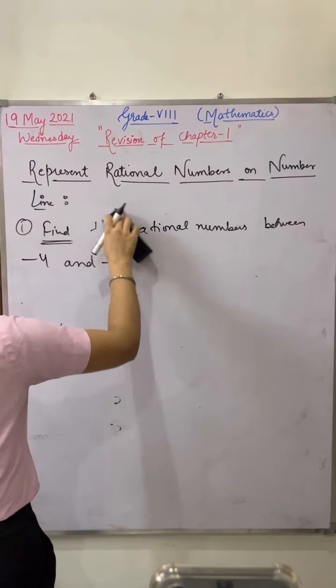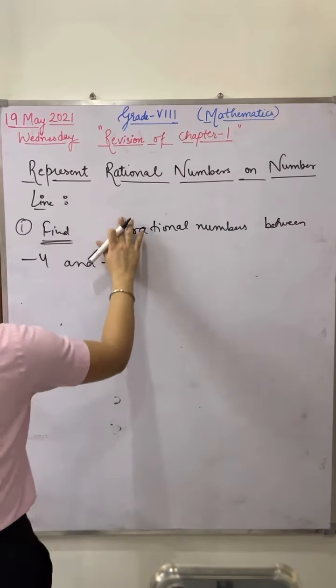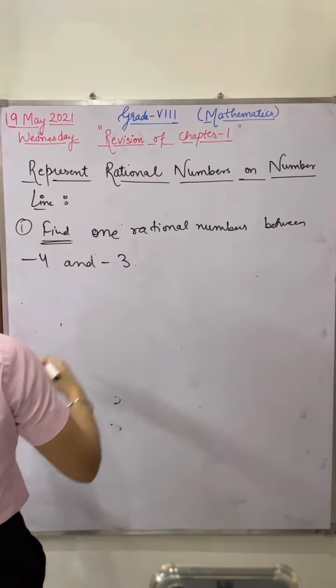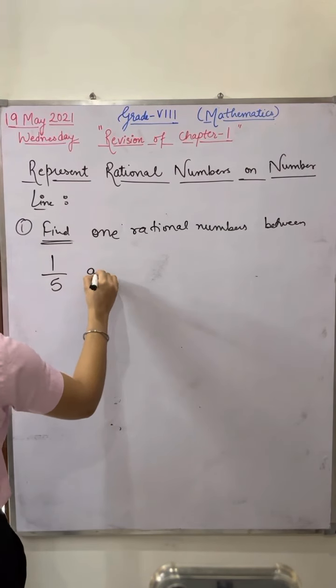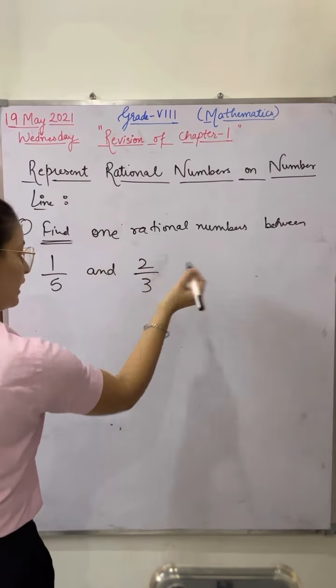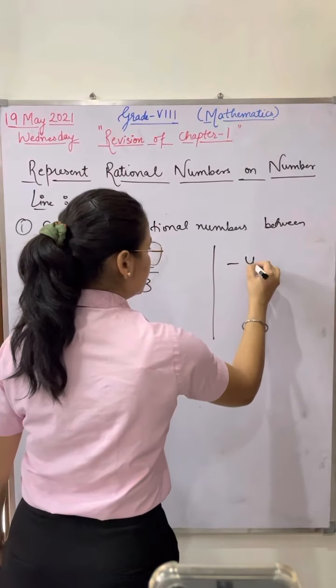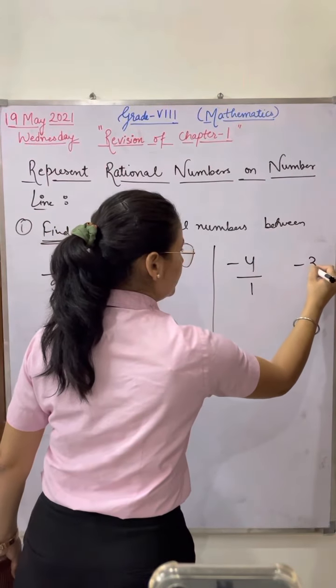Next concept is to find a rational number. Suppose they are saying find one rational number between 1 upon 5 and 2 by 3. Earlier my question was minus 4 upon 1 and minus 3 upon 1.